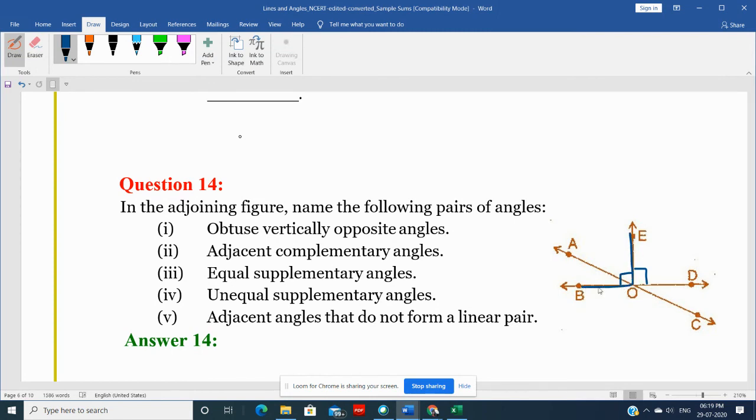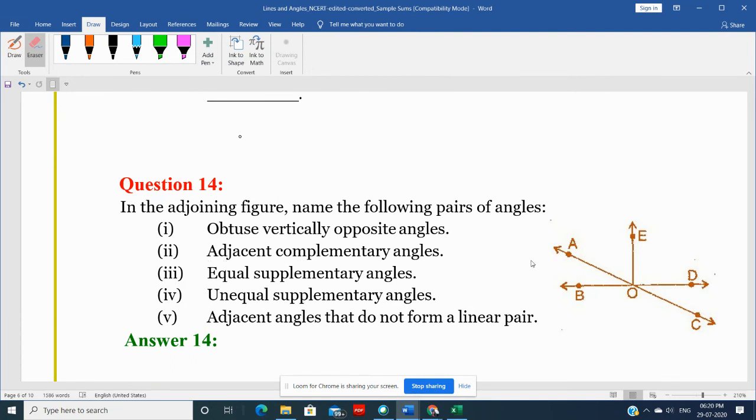EOB and angle EOD, right? Sorry, they are 90. I'm so sorry. Just a minute. They are 90, so they would be supplementary angles. Okay, so let's start over again.